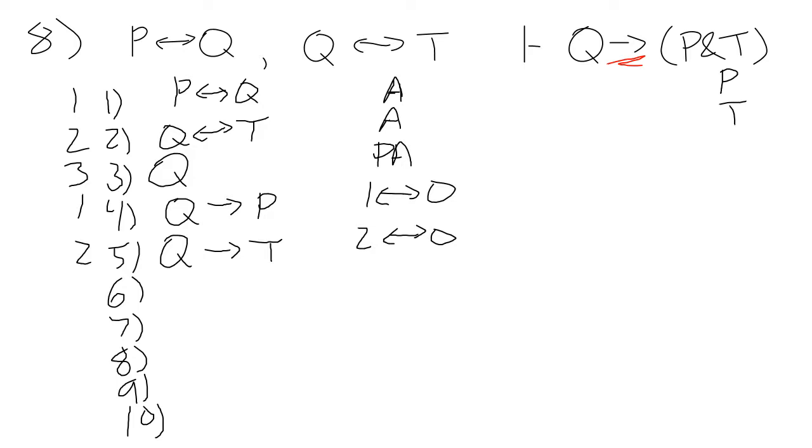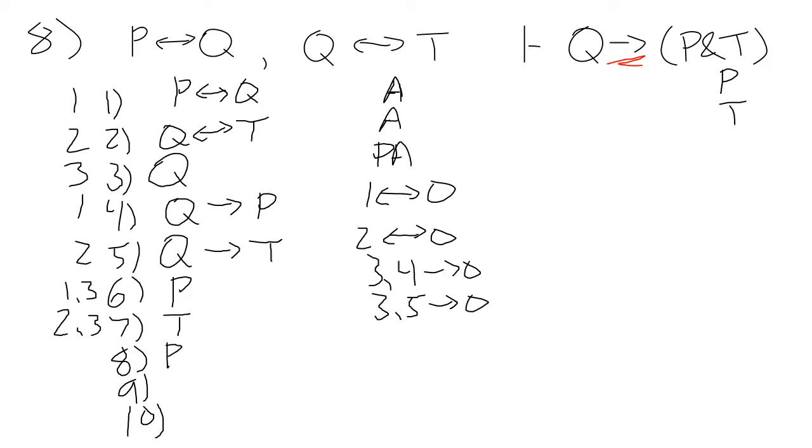And now we can get P and T by just doing arrows out. So I'll do 3 and 4, arrow out, 3, and then I can get T, 3 and 5, arrow out, from 2 and 3, 3, 5, yep.